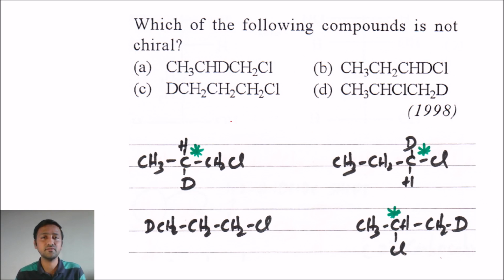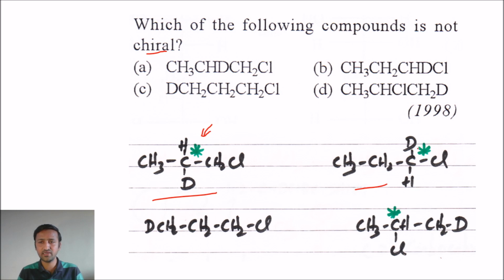Next question now. Which of the following compounds is not chiral? Again a direct question. Among these four structures given here, which does not have a chiral carbon atom? I have taken the first one, option A. As you can see, the starred one here is a chiral carbon atom, as it is attached to 4 different atoms or groups of atoms.